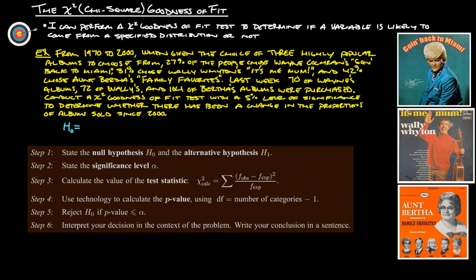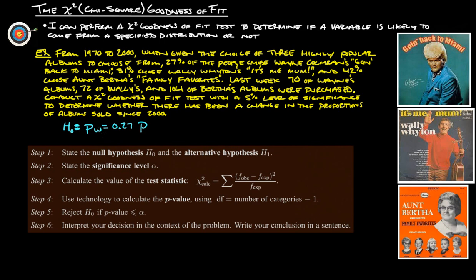We're going to write H0: the probability of Wayne should be 27, so 0.27. Probability of Wayne is 0.27.